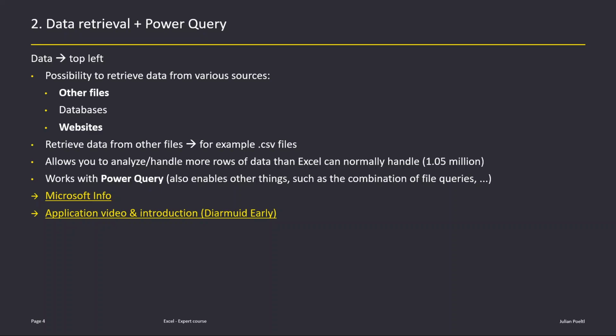There's, for example, a video by Dermot Early, which I will link in the video description, where he does a little bit with Power Query in Excel. He is analyzing, I think, 22 million rows, and it's done with Excel. So with the data retrieval and Power Query, you could do a lot more.